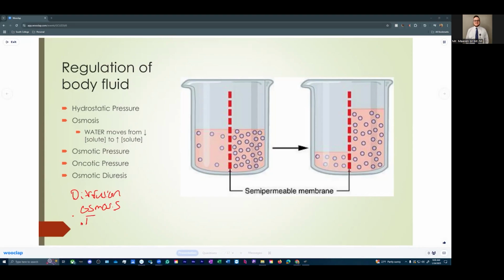And then filtration is a concept we'll talk about in a minute: the process of nutrients and other chemicals being pushed out of the bloodstream.